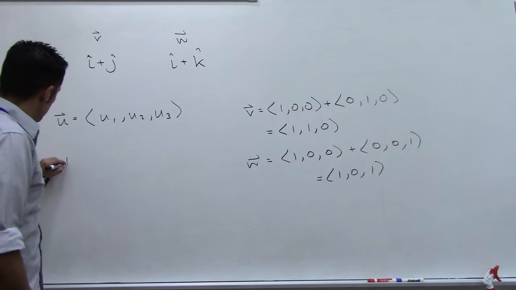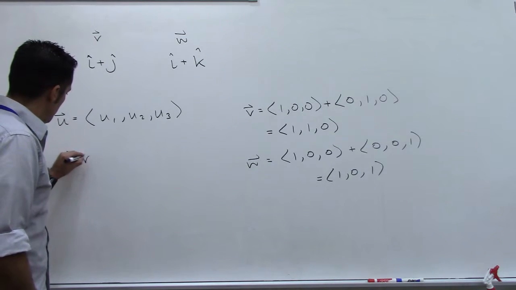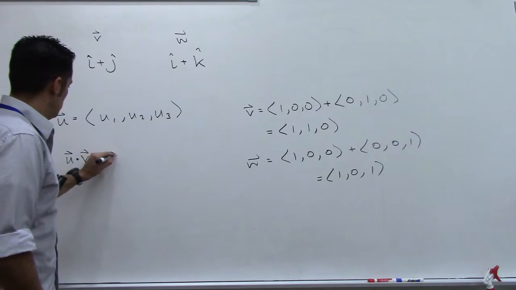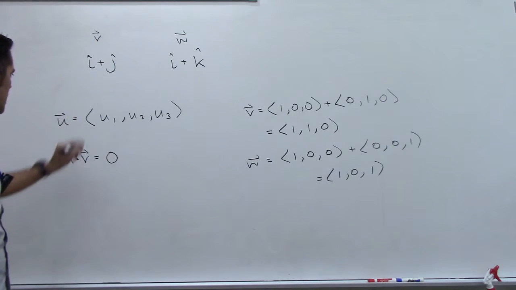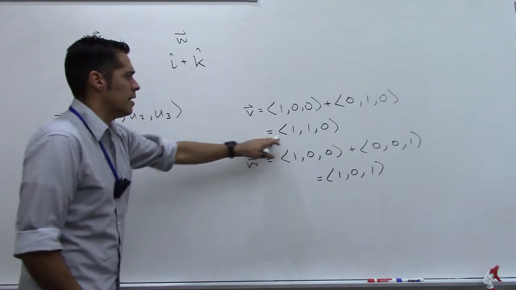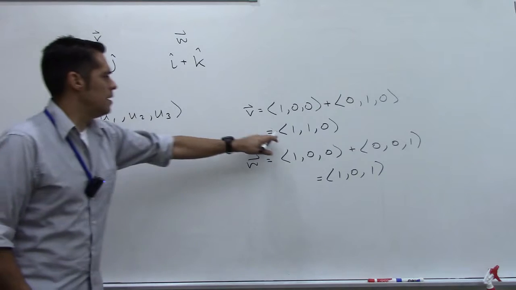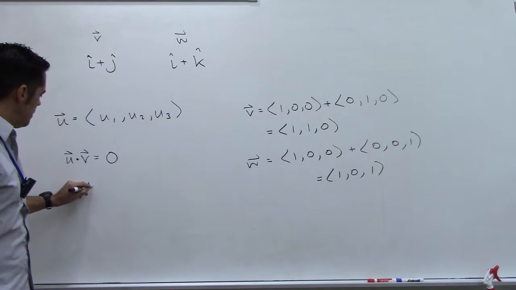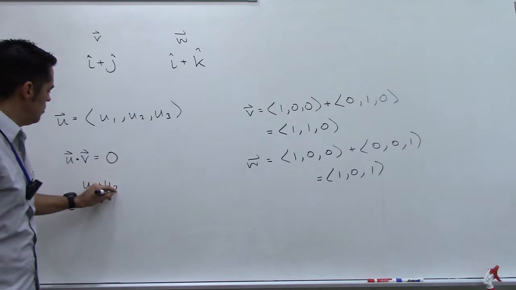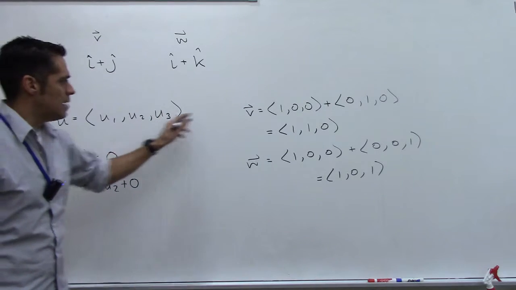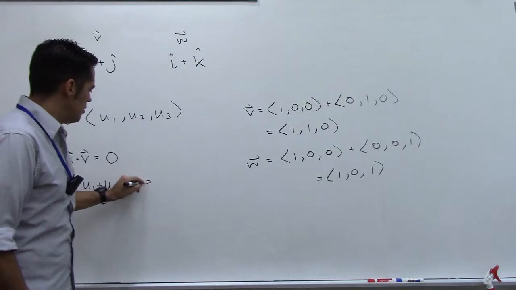I need that u dot v is 0. Okay, that's what I need. So I need that when I dot these two together, I get 0. So if I dot this with this, I just get u1 plus u2 plus 0, because the last component is 0. That equals 0.